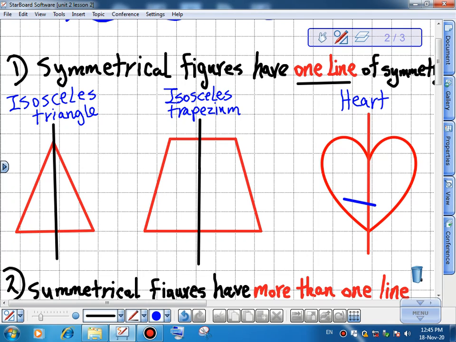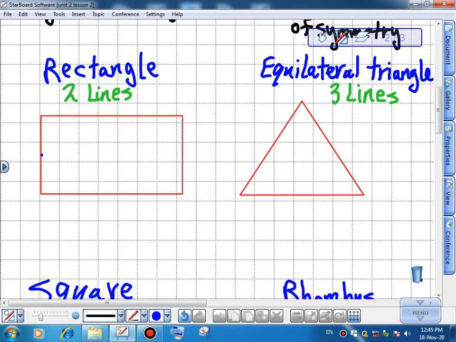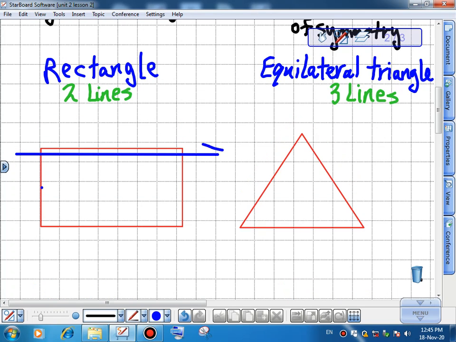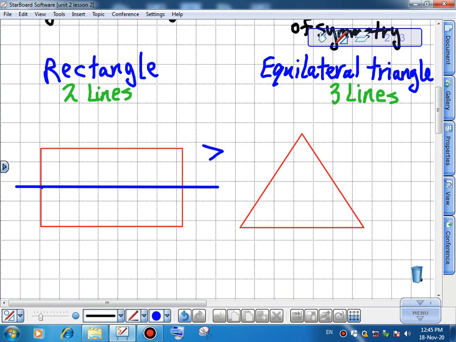So we have only one line of symmetry in this figure, the isosceles trapezium and the isosceles triangle. The next ones, symmetrical figures that have more than one line of symmetry: 1, 2, 3, 4, whatever. First, the rectangle has two lines of symmetry. We know that a rectangle has two dimensions, length and width. If I cut this rectangle horizontally like this, this line is a line of symmetry.